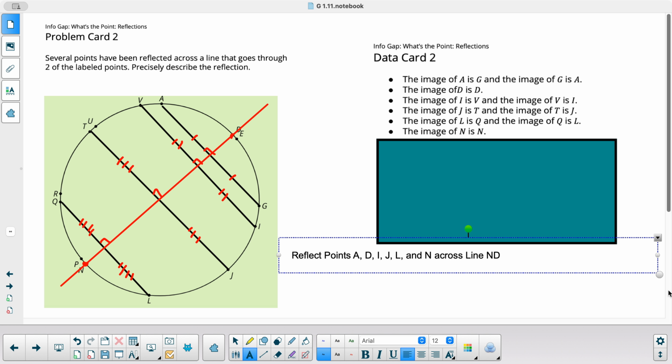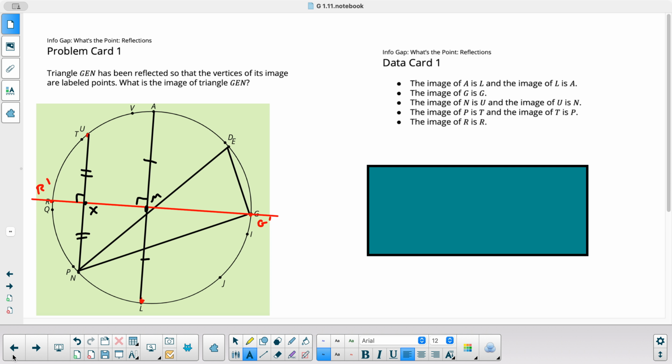Okay, you need a line of reflection. Did I ever answer that question? I don't think I answered that question on this last one. I just found the line of reflection. Whoops. So I guess I need to do that.